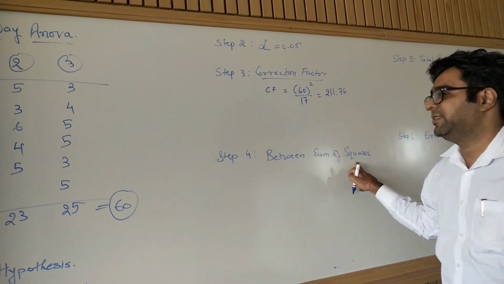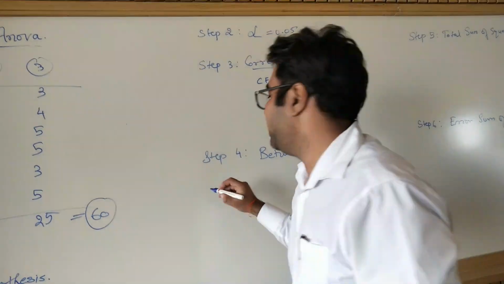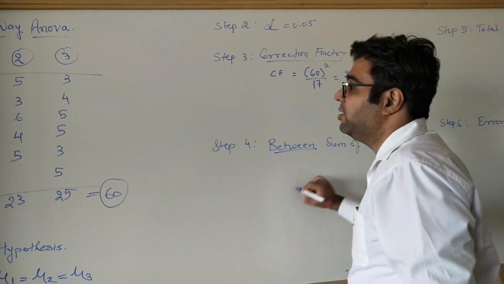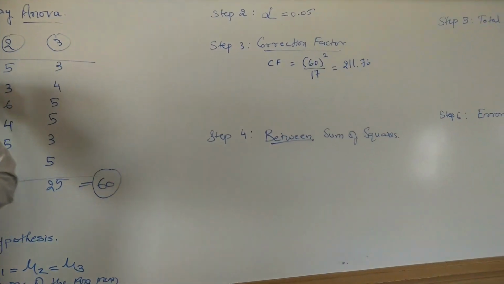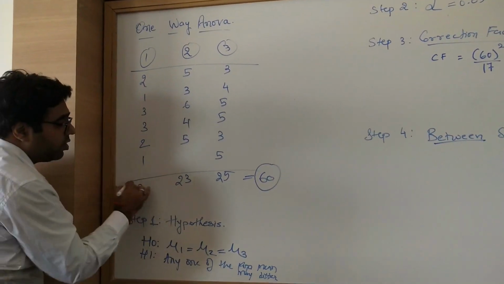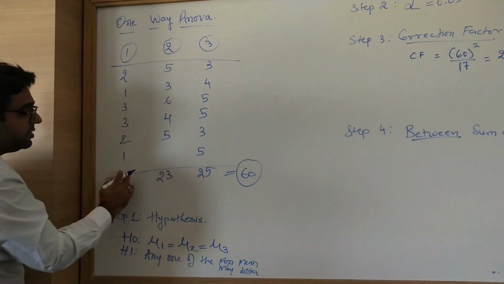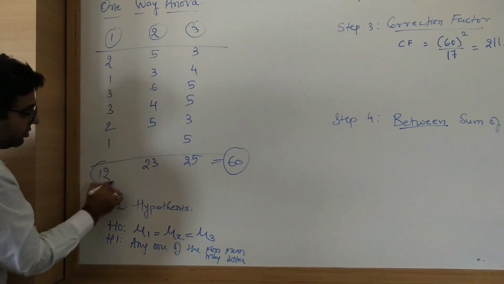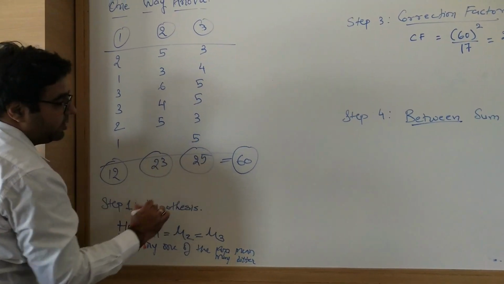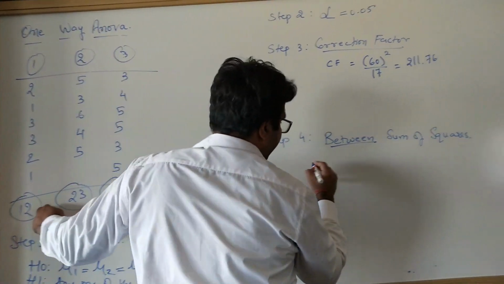Now step 4 is our between sum of square. Whenever you see the word between, it suggests this. So in this case there are column totals, or you can say the sum is given in a column format. So you need to take these and square them.